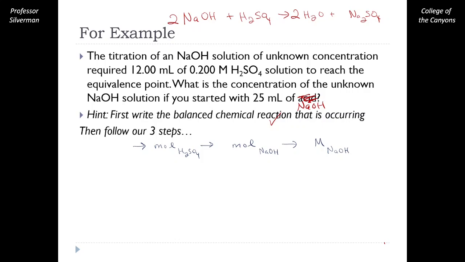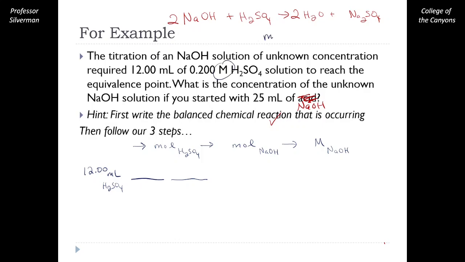Next, we can set up our plan. We know a lot about our sulfuric acid. We can try to figure out how many moles were involved in our reaction. Then we can get to the moles of our sodium hydroxide, and finally get to our concentration of sodium hydroxide. In order to get to moles, we can use this molarity.